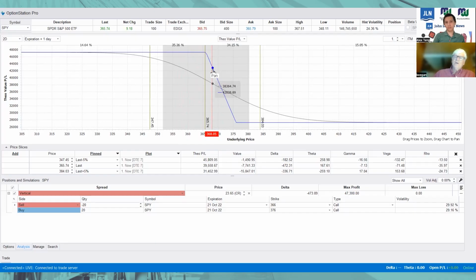because as the stock goes up, a put declines in value. Or you could sell a put vertical like this. Either way, you're moving your P&L further to the right. So as it goes up, you're changing the nature of your trade. The other one is you could buy a couple hundred shares of stock.